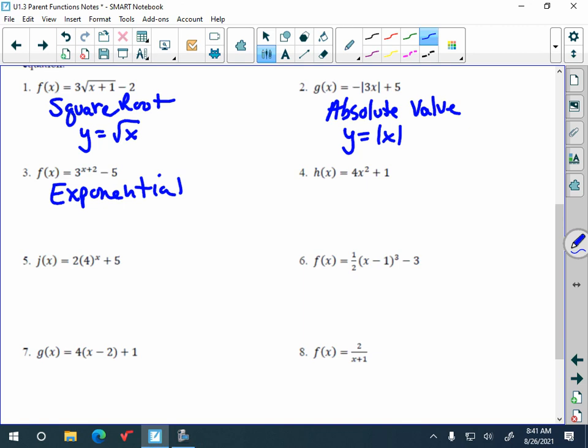And its parent function for this specific problem would be y equals 3 to the x power. So that b value in the parent function just gets replaced with a number, and we use 3 as that b value instead. So it has to be a number that's bigger than 0, but not 1. So this number right here acts as b. All right, number 4, we have an x squared, and so that's a quadratic. And its parent function, y equals x squared.